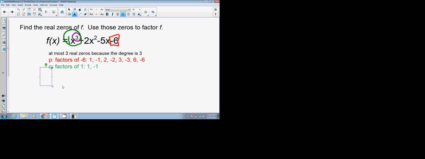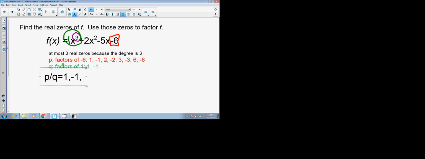So we're doing P divided by Q. So I want to take each of the factors of P of -6 and divide by each of the factors of Q. So 1 divided by 1 is 1. 1 divided by negative 1, negative 1. Negative 1 divided by 1, negative 1, which is already written. Negative 1 divided by negative 1, positive 1, which is already written.